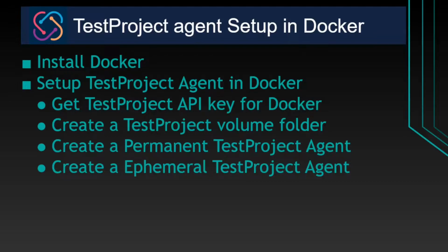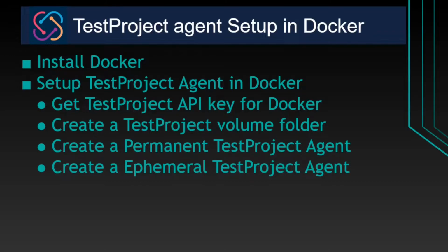First, you need to create an API key in TestProject for Docker and get that API key. Then you need to create a TestProject volume folder in your machine. And then you need to create either a permanent TestProject agent or an ephemeral TestProject agent. What do you mean by ephemeral TestProject agent? It is a temporary TestProject agent.